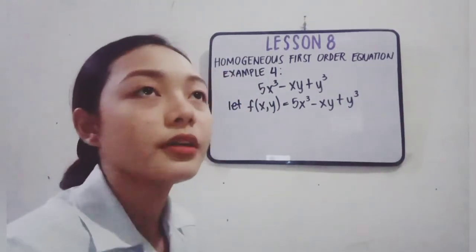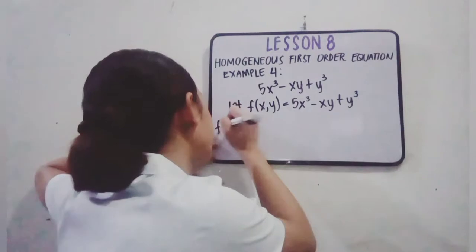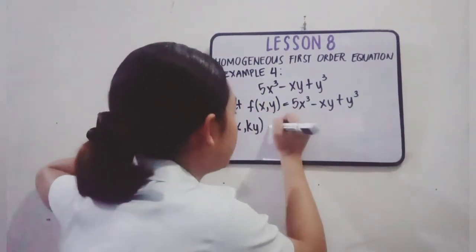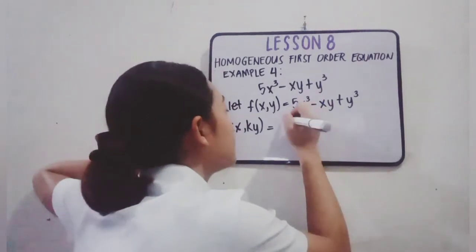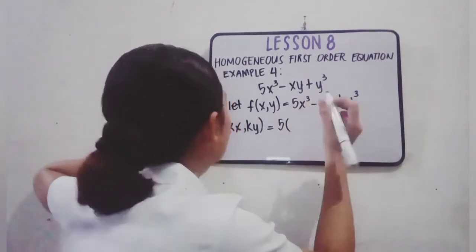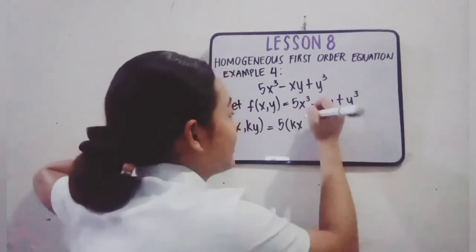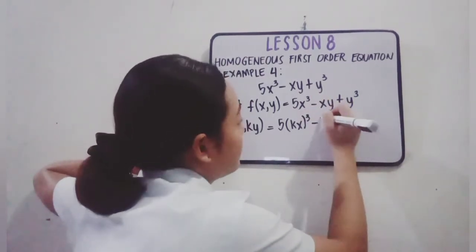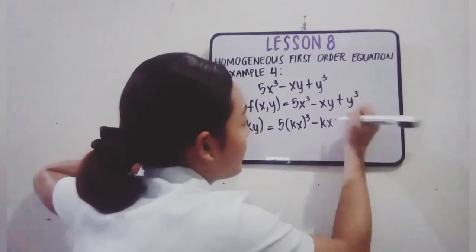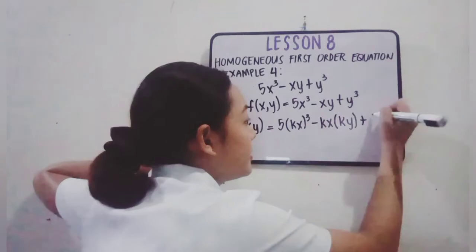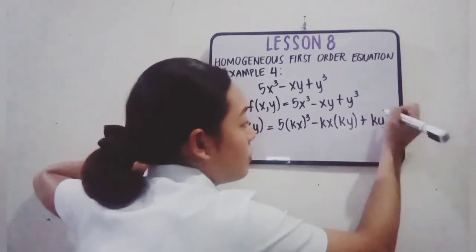Like in example number 3, we will substitute kx and ky. So what happens is 5 times quantity kx cube minus kx times ky plus ky cube.